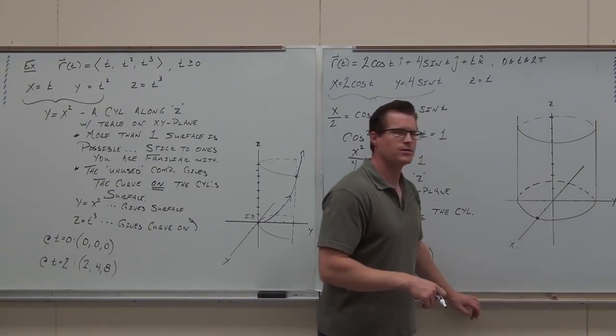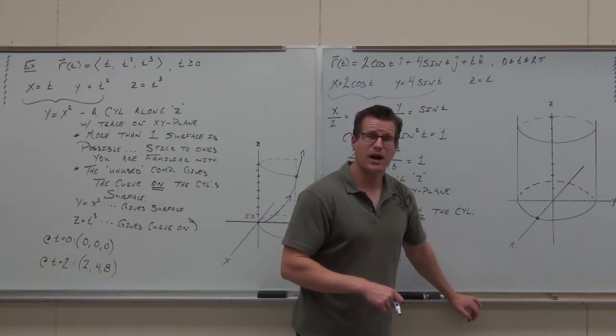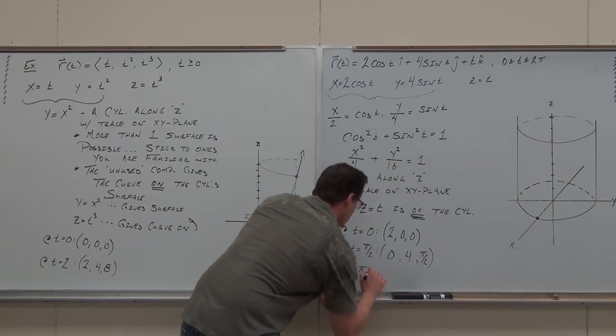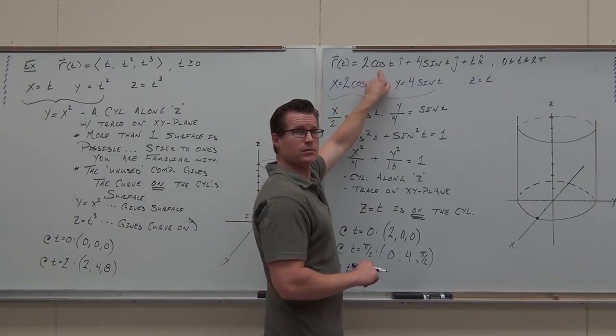What's the next value that you might want to plug in? Pi would work. Cosine of pi, what is that one? Good, -2.